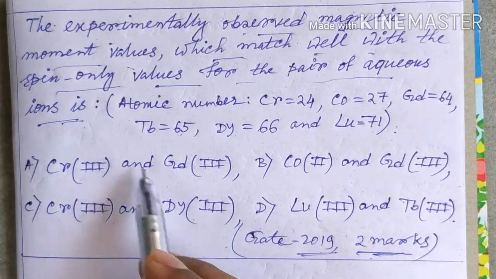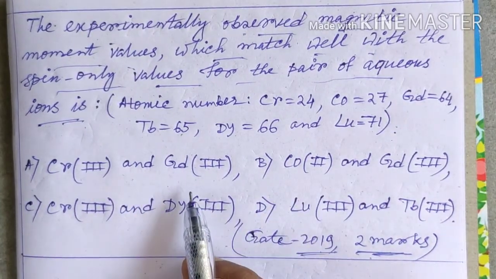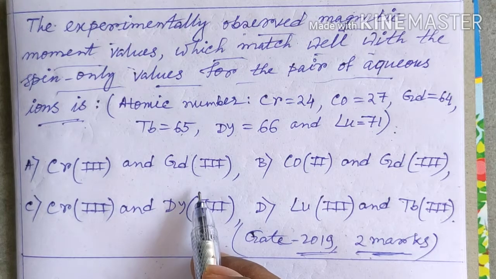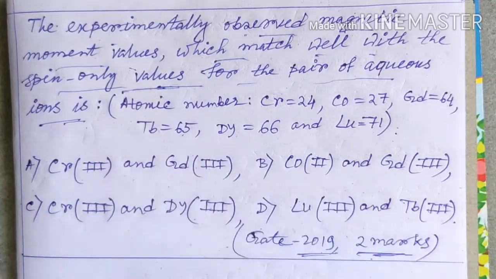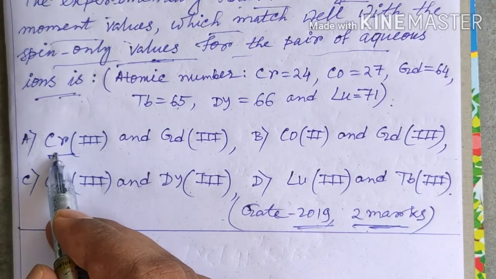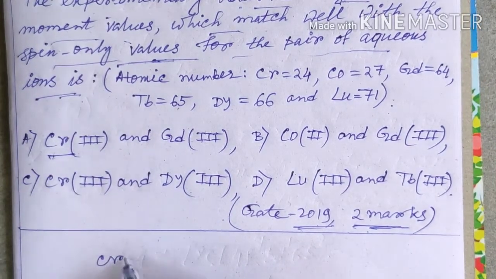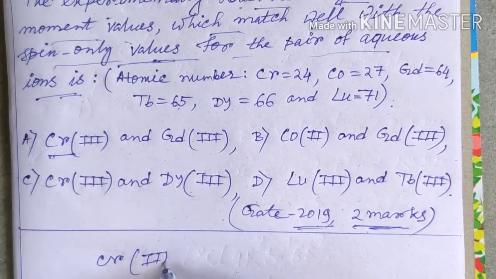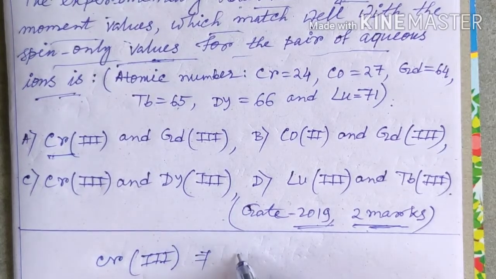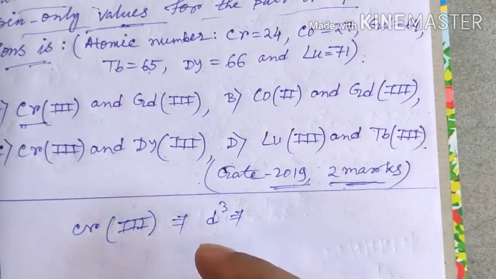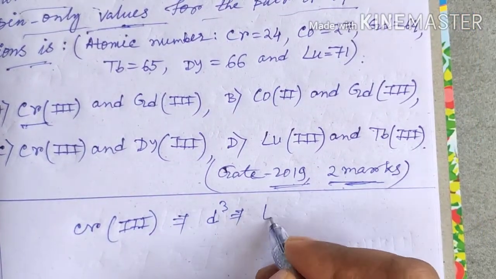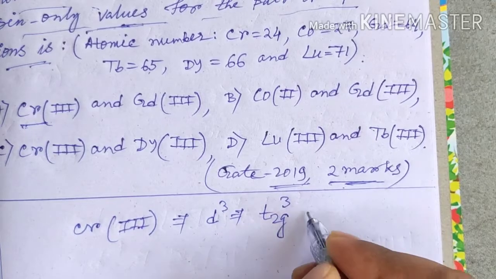That is, from these pairs we have to identify that pair for which the magnetic moment is equal to spin only values. Now for chromium 3+, the electronic configuration is d3, that is, if we consider it in octahedral geometry, it will be t2g3.